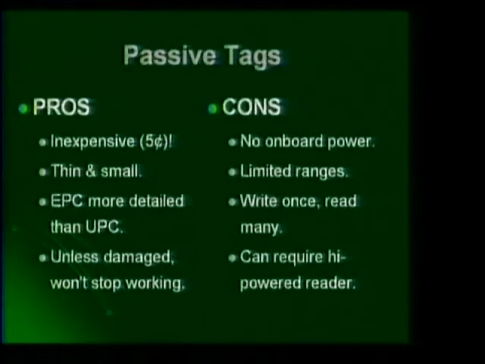Once we've hit a nickel or less, this is where they want to put it in their system, because it's affordable and it's something that they can use. Also one of the reasons they want to use this is because of the EPC, which is better than UPC. We'll talk on that a little bit more. And like I said, the cons of it, there's no onboard power, there's a limited range, so you've got to be pretty much real close to the tag to read it.